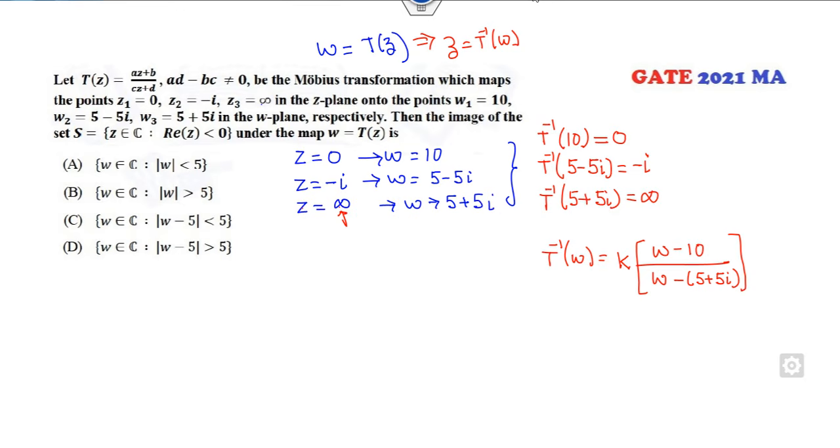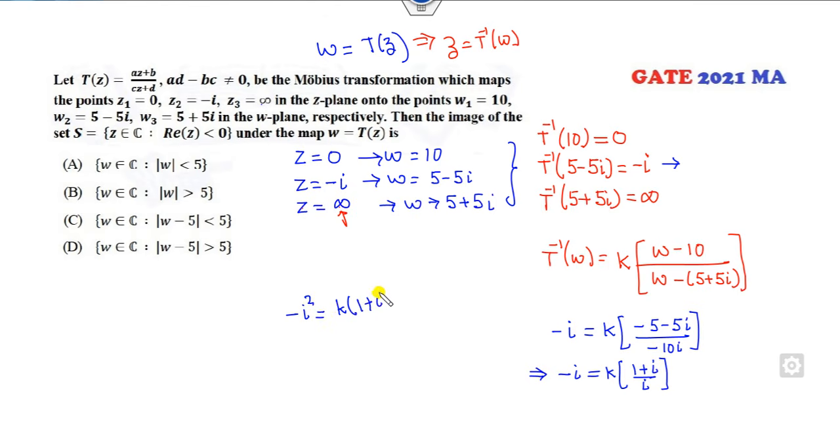Clear? Everybody clear? Now how can you find the k? I can use this value. The w value is 5 minus 5 iota, so substituting, it is minus 10 iota. So minus iota is k times, the 5 cancels out, 1 plus iota over iota. If I multiply, minus iota squared is k times 1 plus iota.